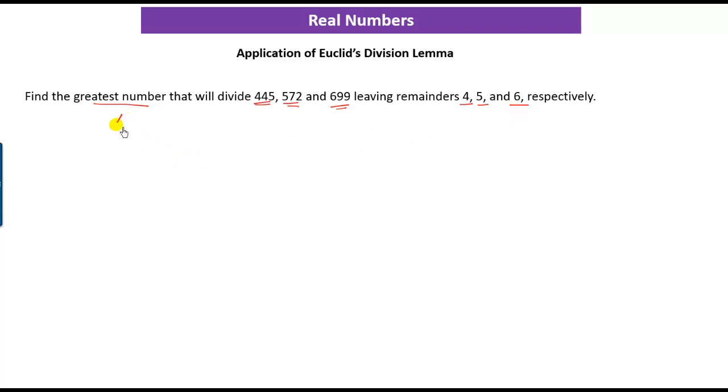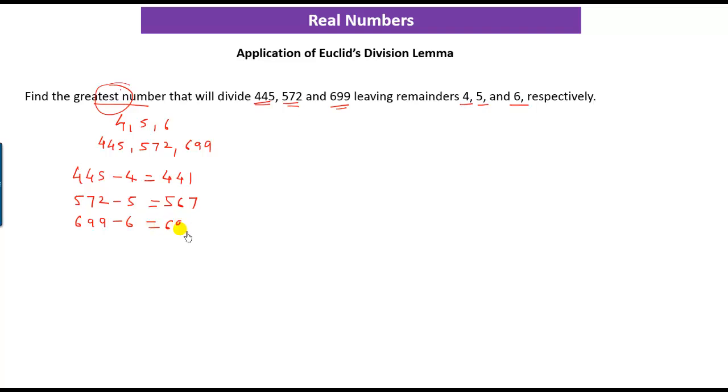The given remainders are 4, 5 and 6, and the three numbers are 445, 572 and 699, and therefore the required greatest number will be the HCF of 445 minus 4, that is equal to 441, and 572 minus 5, that will be equal to 567, and 699 minus 6, that is equal to 693, and therefore the HCF of all these three numbers will be the required greatest number.